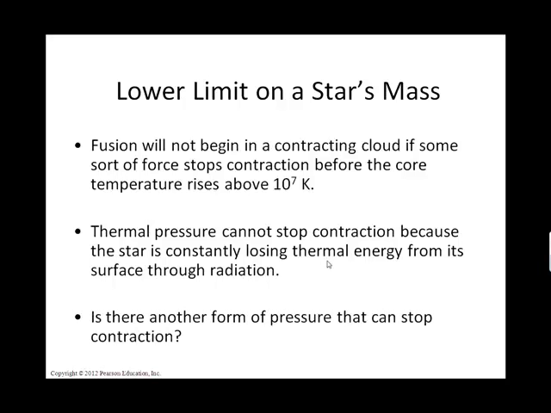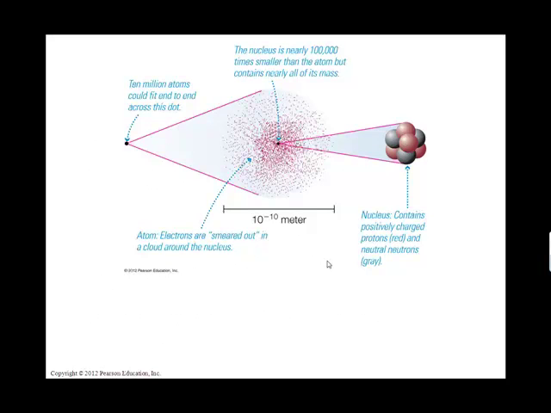And there's a little bit of a quandary there. Even with that low mass, 0.08 solar masses, which is still pretty hefty, the thermal pressure shouldn't stop it from contracting enough to get the conditions required for nuclear fusion in its core. So there's something else that must stop that contraction in these light objects.